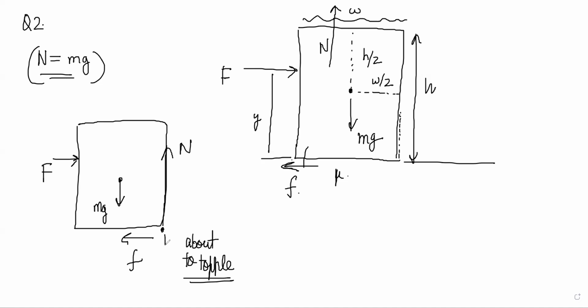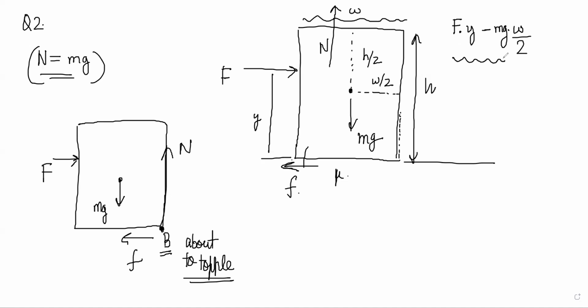If you calculate the torque about this point, let's label it point B, we write the equations for all the torques: F times y minus mg times W by 2. These are the two torques, right?